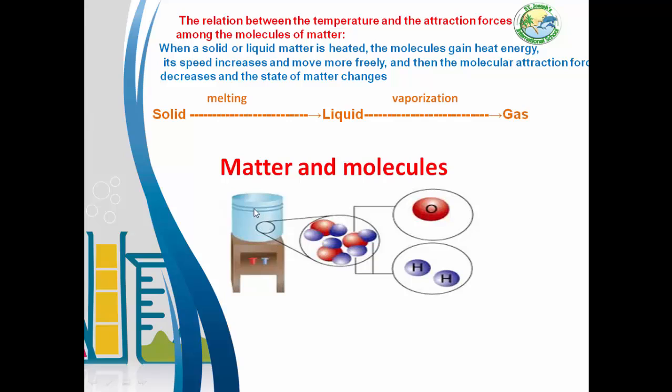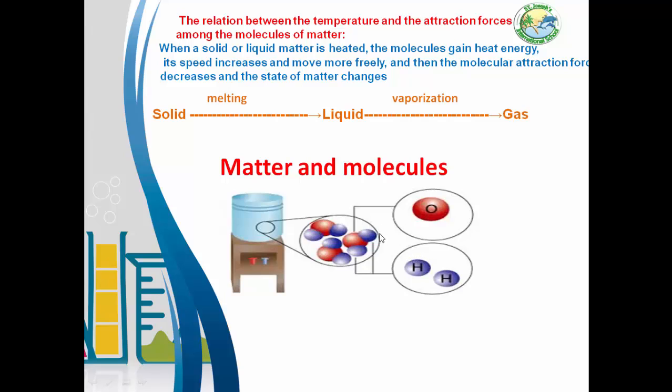If we could see it closely, we would see that the cup contains molecules of water, and each molecule consists of smaller building units, which are known as atoms. So matter consists of molecules, and molecules consist of atoms.